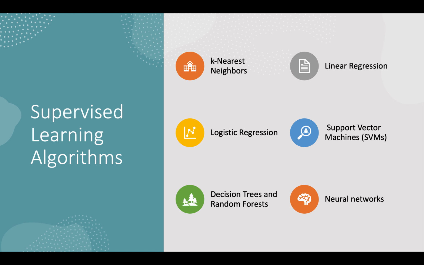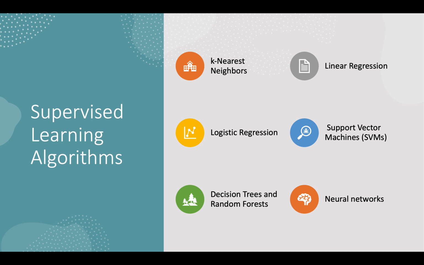So more details will come in later lectures during this course, and this include k-nearest neighbors, linear regression, logistic regression, support vector machines, decision trees and random forests, and neural networks. And you could also already, I think, guess from the name of some of them which of them are regression, which of them are classification.